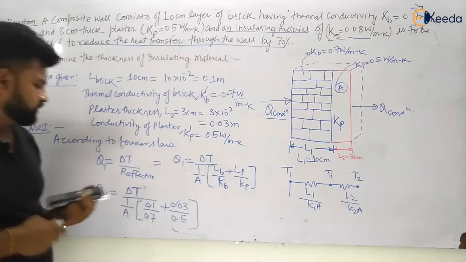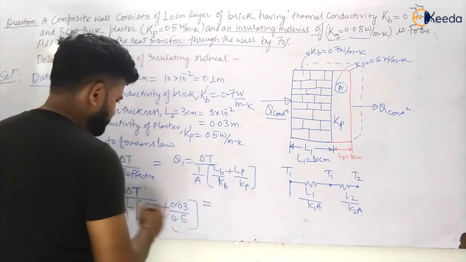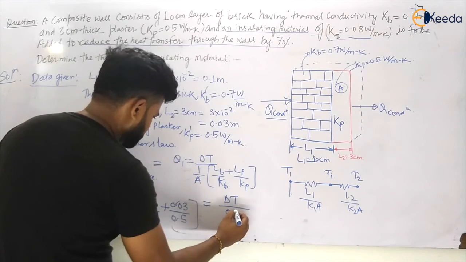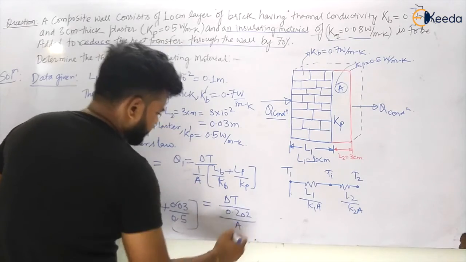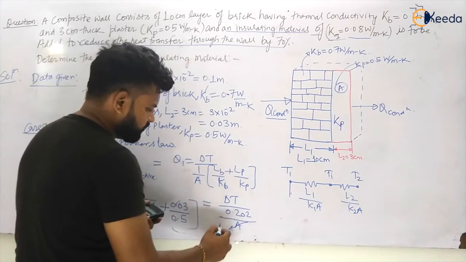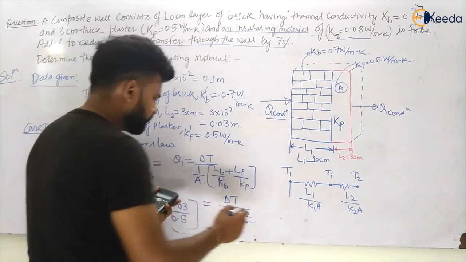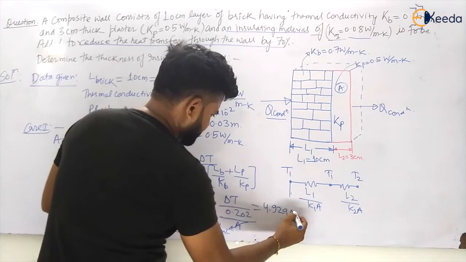That implies Q1 will be equal to delta T divided by 0.2028 divided by area. When area is not given, I am taking unit area, 1 meter square. So the term will become equal to 0.4929 delta T.